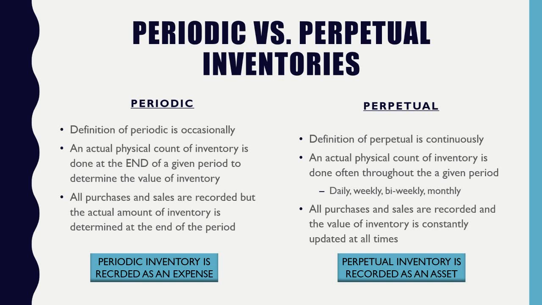Now, whether you do it on the daily, weekly, or bi-weekly, at the end of the day, you would know how many items you have on hand at all times, right? And here's the difference. All purchases are going to be immediately recognized as inventory, which is an actual current asset, right? So another difference here is periodic, you're recognizing them as expenses.